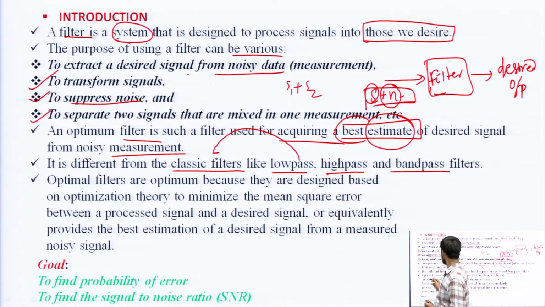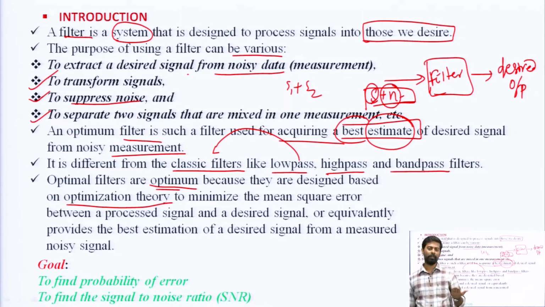Optimal filters are optimum because they are designed based on optimization theory. We have already read in mathematics that when we want to get the maximum of something or the minimum of something, we use optimization techniques.